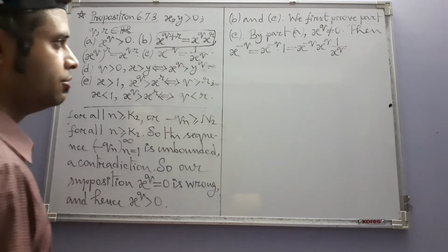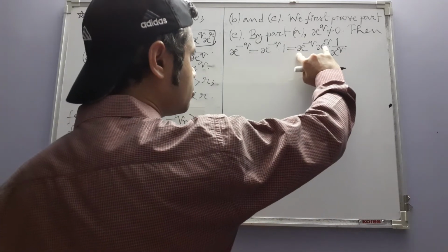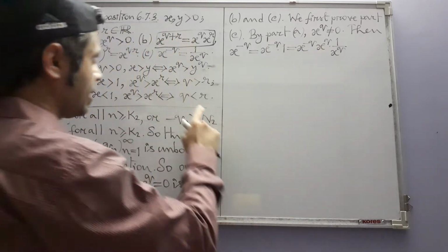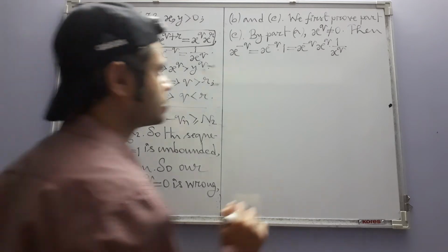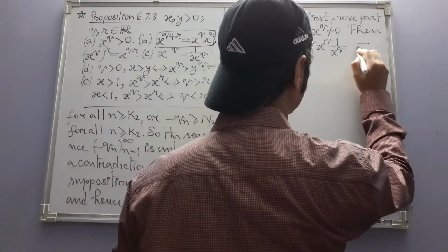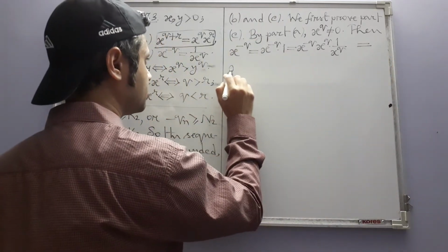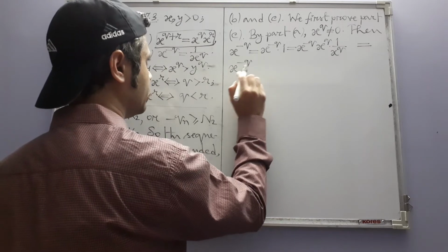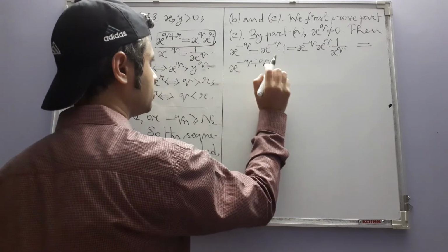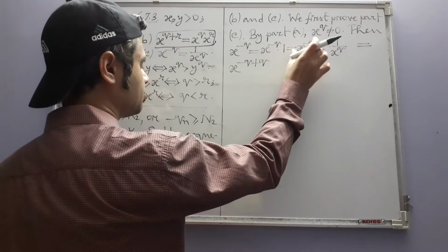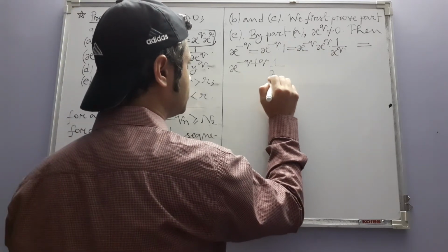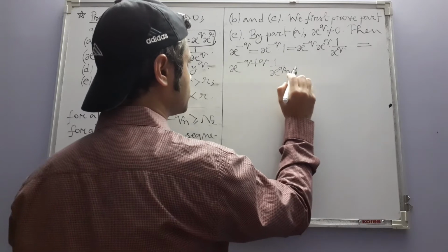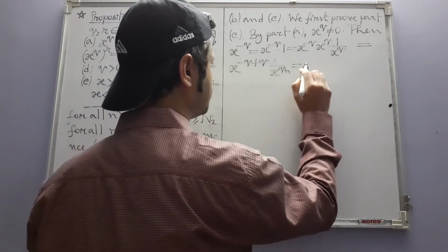And now what we do, we take these two things together and apply part B, that part of part B that is available to us, that has already been proved. So because of that, we can write this power in place of this product times 1 over x to the power qn.